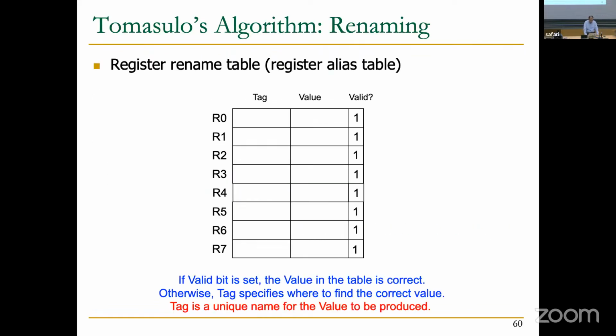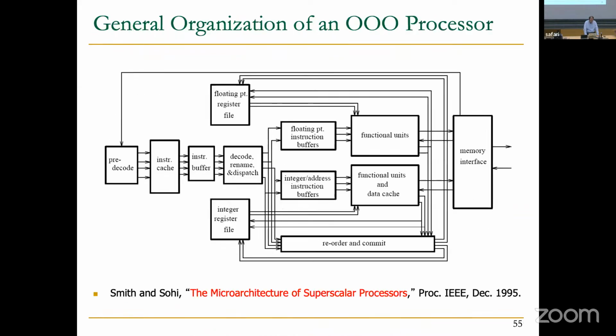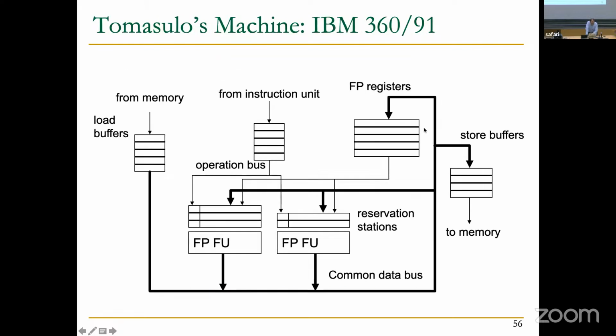Let's get back to this picture. Actually, maybe I can show you this common data bus. Yeah, there are many wires here. I'm not sure which one is the common data bus. Maybe in this picture. Yeah, here we have it. So this one, after the floating point functional unit, you have this common data bus that is connected to the load buffers and floating point registers.